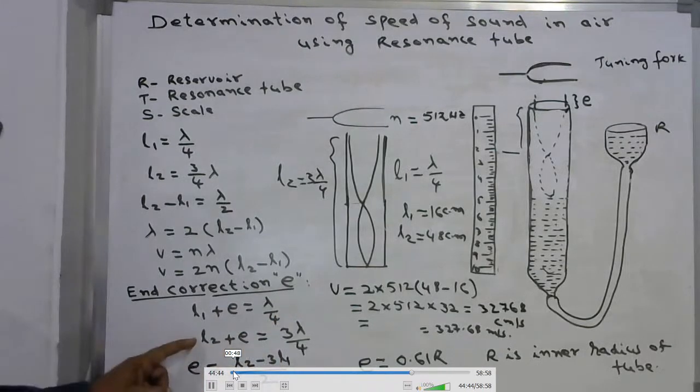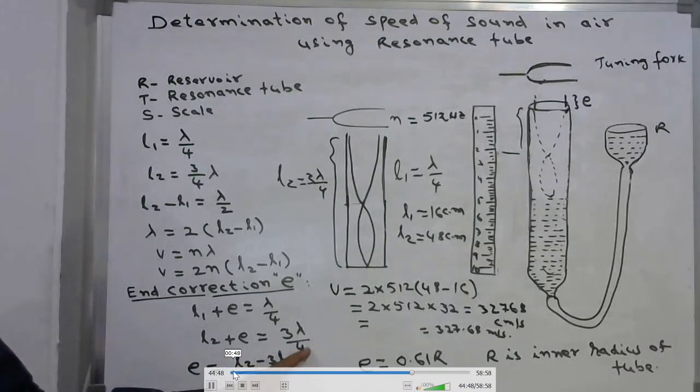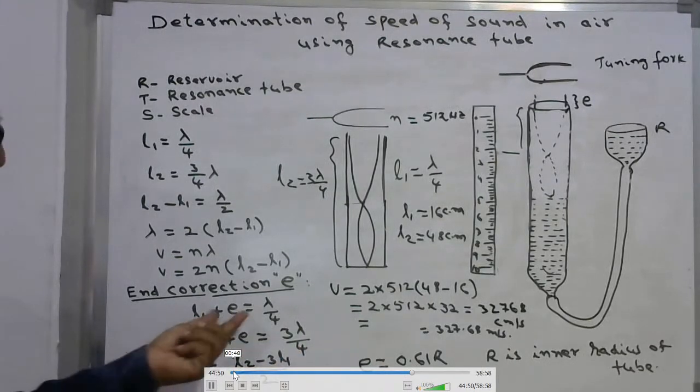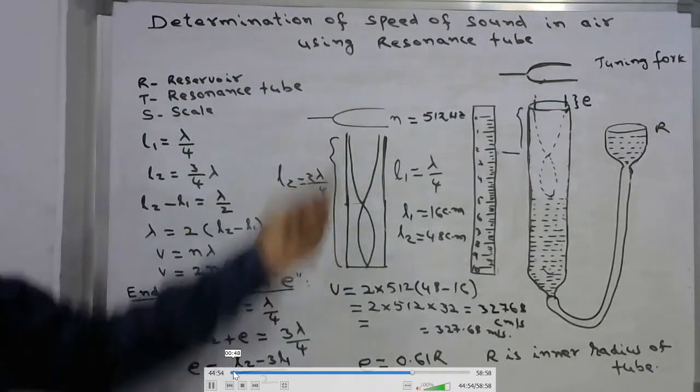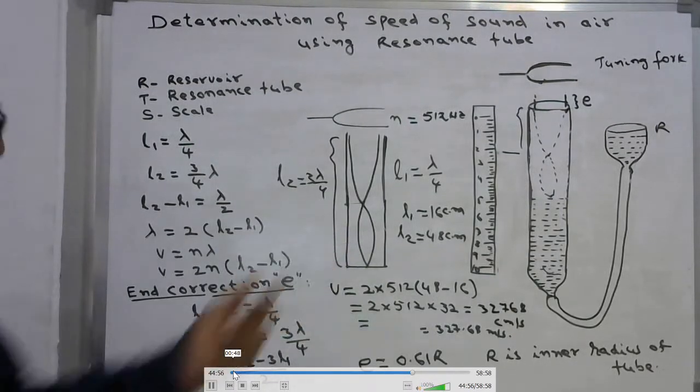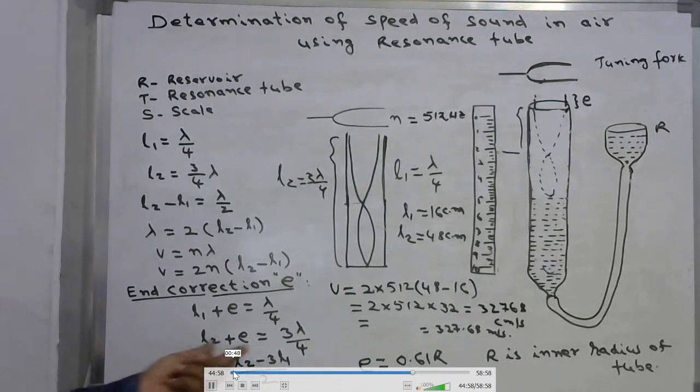In the second case, L2 plus E is equal to 3 lambda by 4. So for the second stage of resonance of the air column, we have to consider L2 plus E, that is equal to 3 lambda by 4.